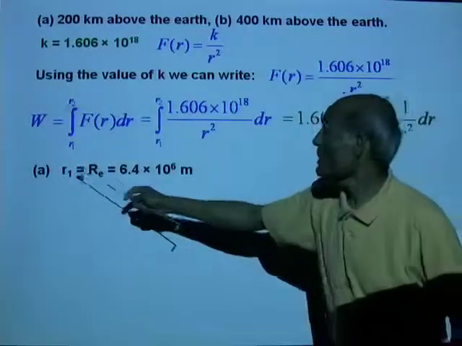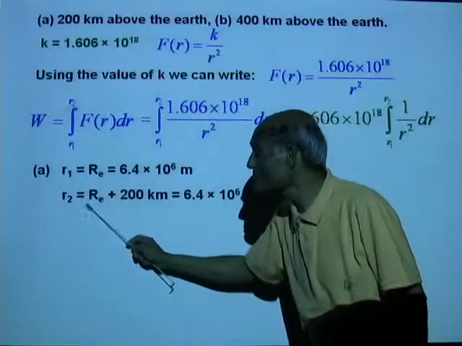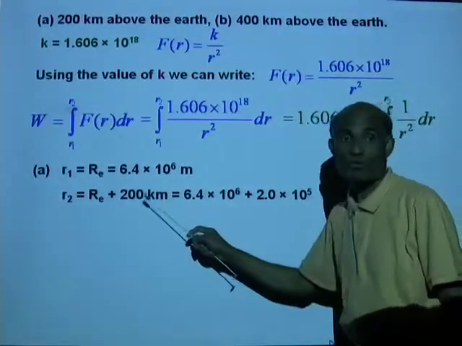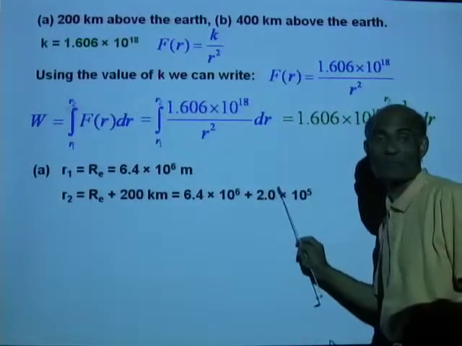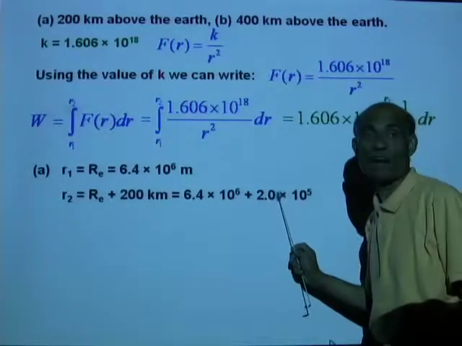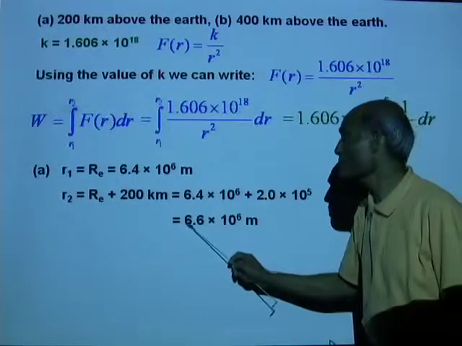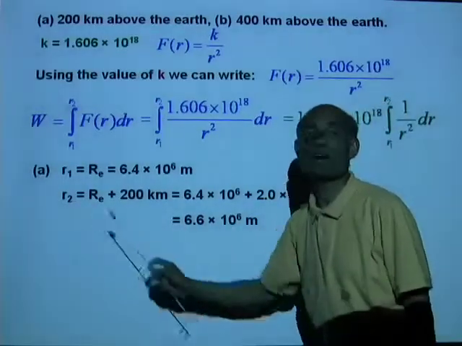That's right. So R1 is the radius of the Earth, and R2 is the radius of the Earth plus 200 kilometers. But of course you need to convert that 200 kilometers to meters. 200 kilometers is 2 times 10 to the power of 5 meters. Now add these two, you get 6.6 times 10 to the power of 6 meters, which is R2.